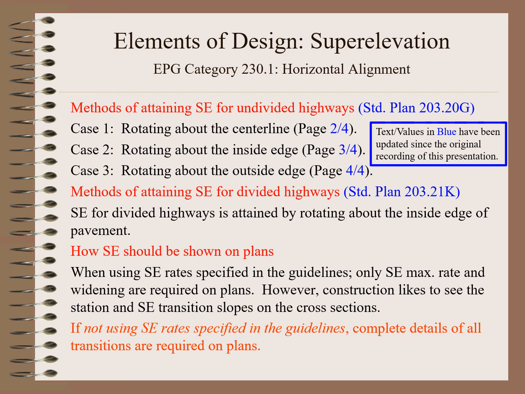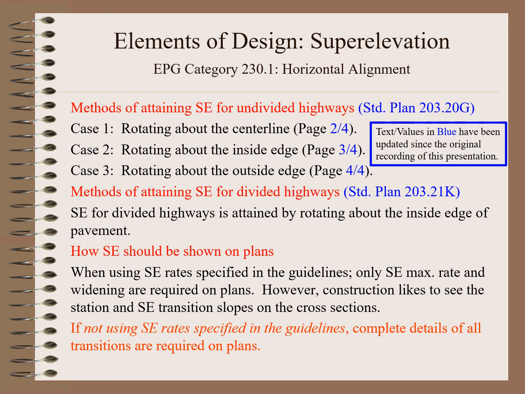So anytime you're transitioning from normal crown to zero cross slope on the inside edge of the pavement to reverse crown and back to full super and vice versa, all those sections should be shown on the cross sections, just to help the construction inspector find it easier when they are inspecting the project. So your sections AA, BB, CC, and DD.